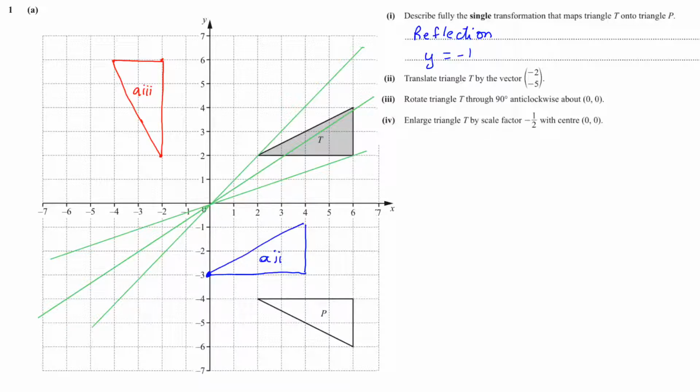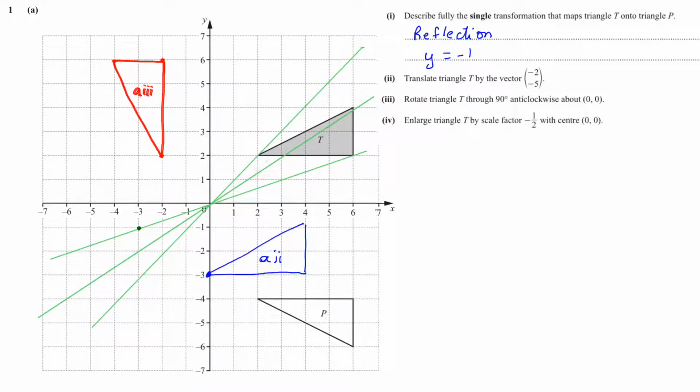Let's count the number of squares for this line here. It's 1, 2, 3, 4, 5, 6. 6 multiplied by half is 3. So we'll have 1, 2, and 3. So this is going to be your first point. And then we will look at the other line here.